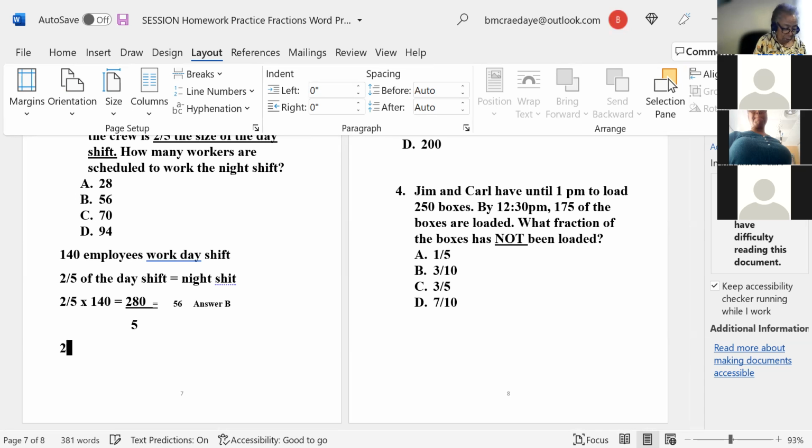Okay, 280 divided by 5, and that's equal to 56. Answer B. Okay, I did it a completely different way.